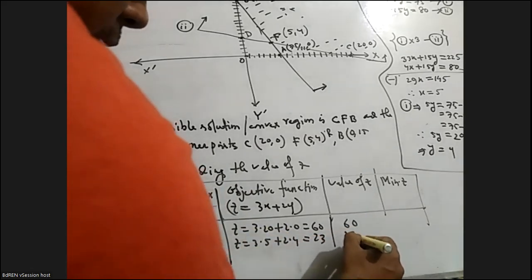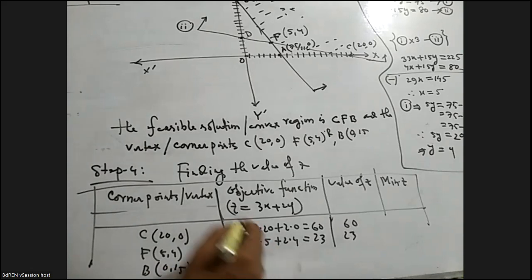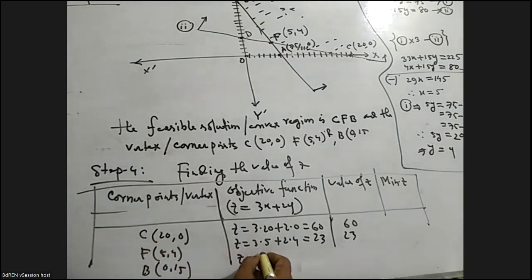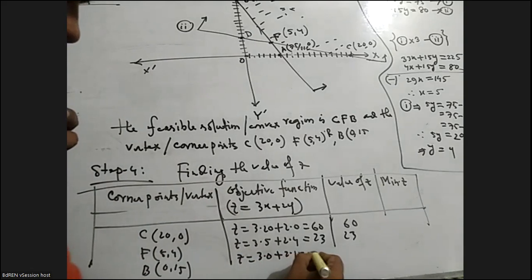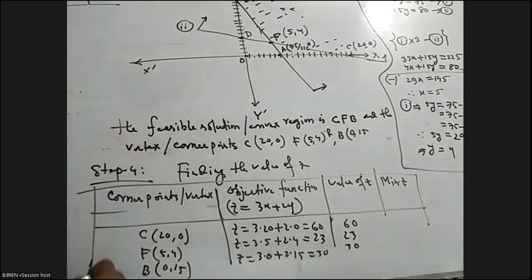23. And another corner point P is (0, 15). At this point, the value of z is 3 into 0 plus 2 into 15, which equals 30.